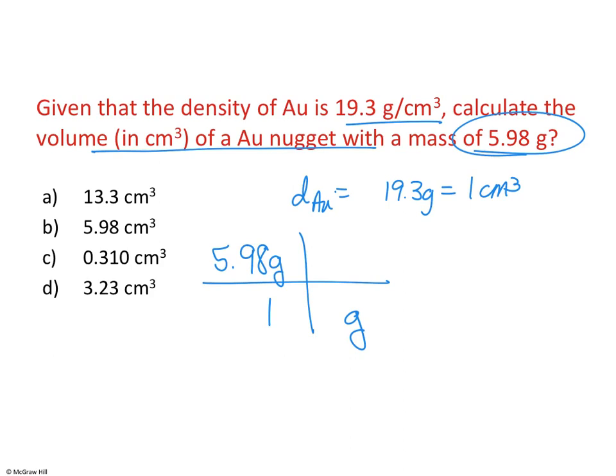And then given the density, calculate the volume. So we want to go from gram to centimeters. So then you can do 19.3 and 1. And so 5.98 divided by 19.3, you should get 30.98, and that should be centimeters cubed.